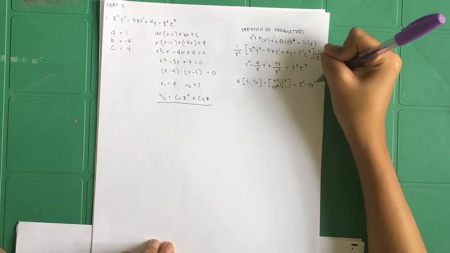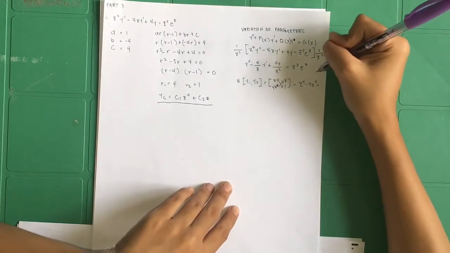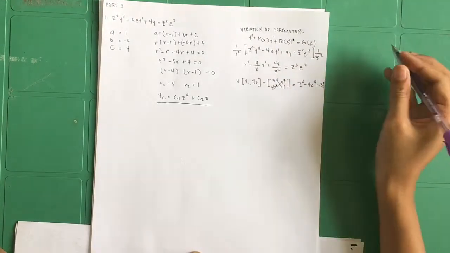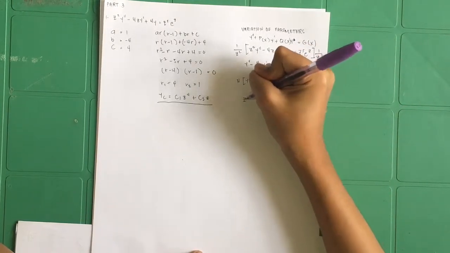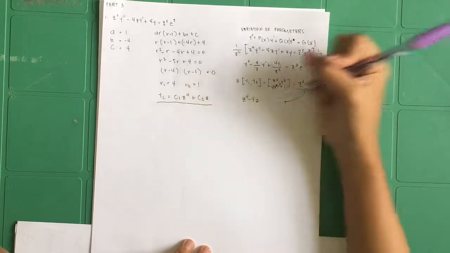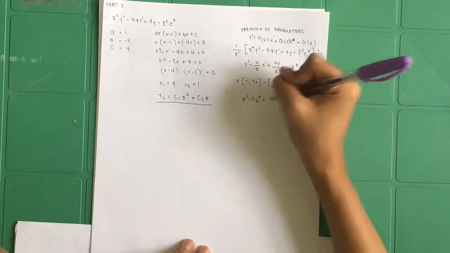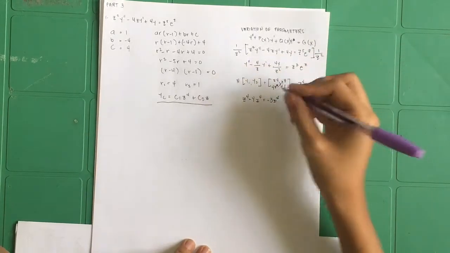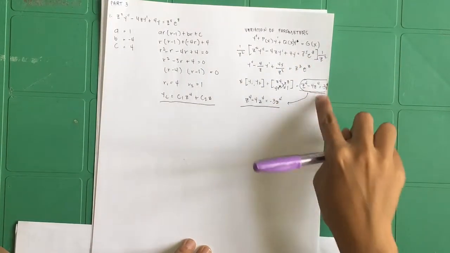Now it equals z raised to 4. I'll just rewrite this one to be clarified. z raised to 4 minus 4 z raised to 4 is equal to negative 3 z raised to 4. I'm just rewriting this one here so that you can see it clearly.